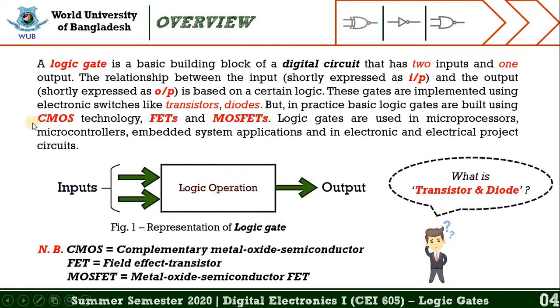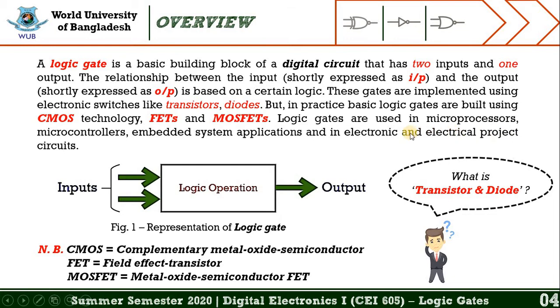A logic gate is a basic building block of a digital circuit that has two inputs and one output. The relationship between the input and the output is based on a certain logic. These gates are implemented using electronic switches such as transistors and diodes.